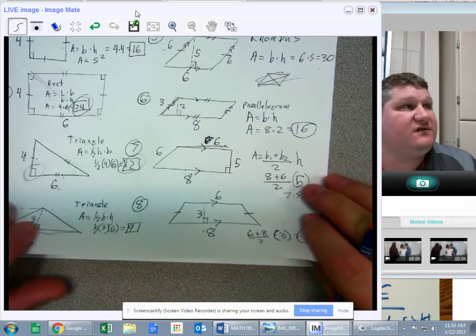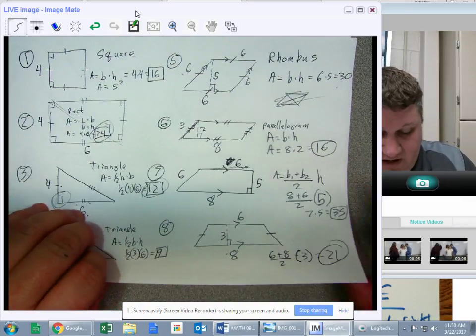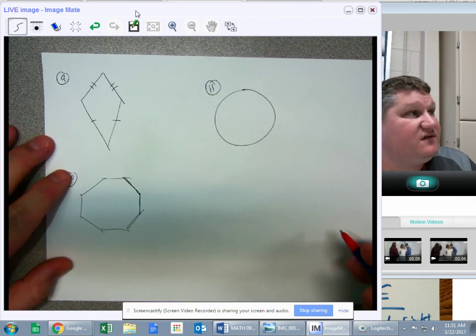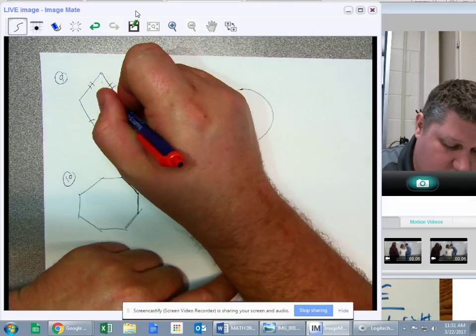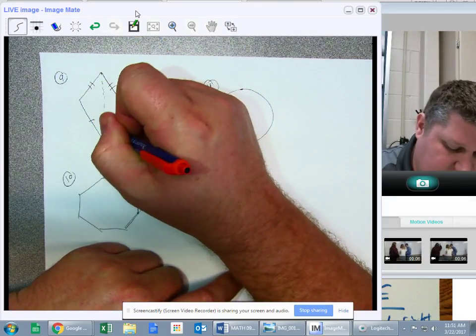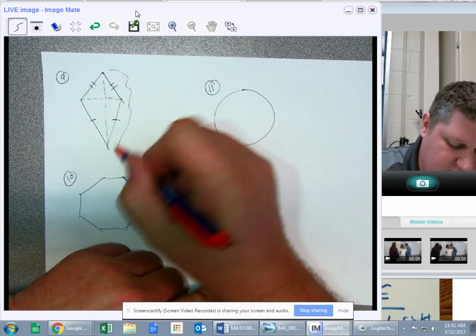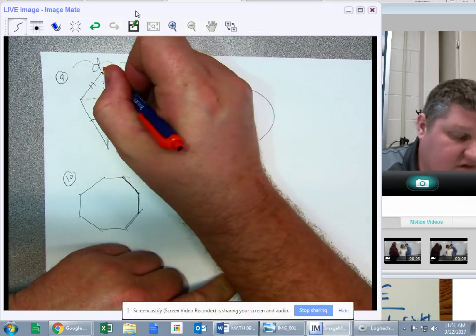Now, that brings us to a couple other shapes. I will give you this online so you don't have to copy it down any further. Next, this is a what kind of shape in number 9? It's a kite. So for this kite, I need to finish drawing in the structure of the kite, and that's going to give me diagonal 1 and diagonal 2.